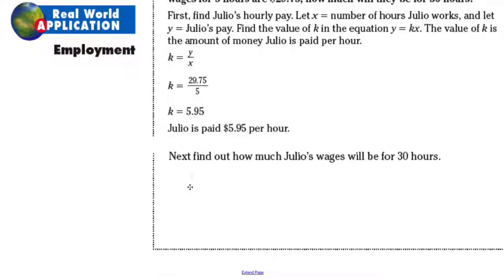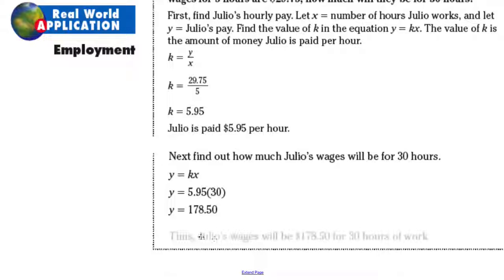We use the formula now for direct variation, which is y equals kx, and we know what k is, which is $5.95. We also know what x is, which is 30. So we simply multiply 5.95 times 30, which will give us 178.5.